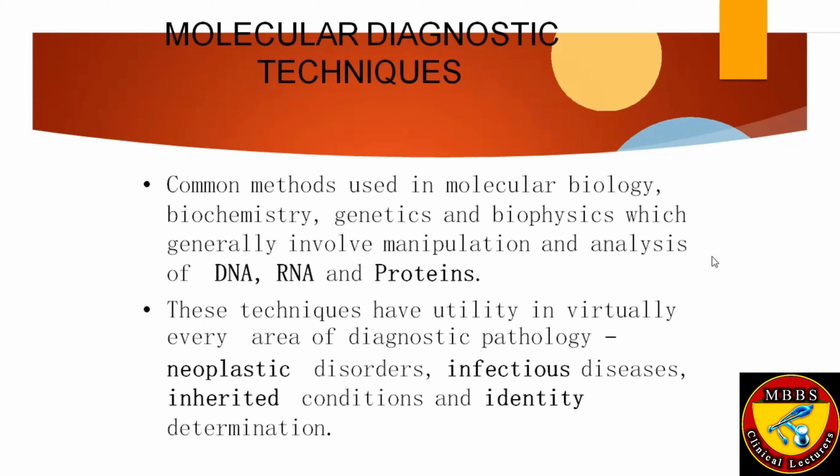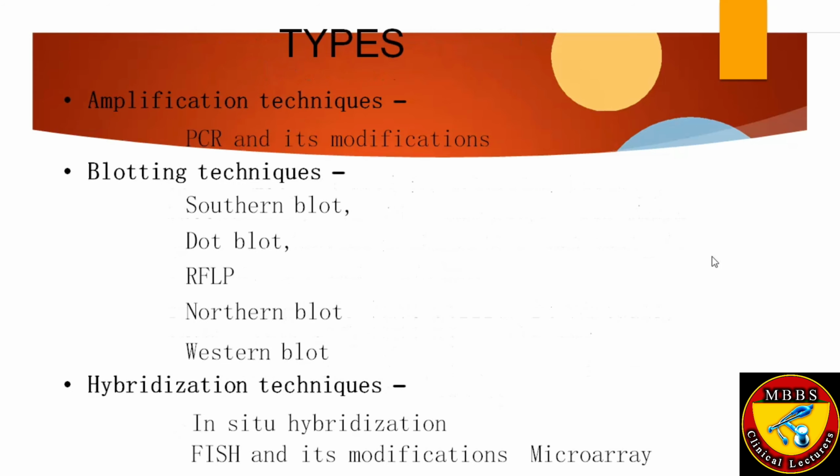This diagnosis depends upon the common methods used in these molecular diagnostic techniques, used in molecular biology, biochemistry, chemistry, and biophysics, which generally involve manipulation and analysis of DNA, RNA, and protein. These techniques have utility in virtually every area of diagnostic pathology: neoplastic disorder, infectious disease, inherited conditions, and identity determination.